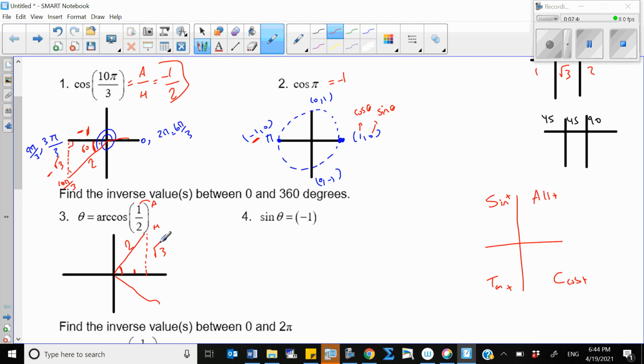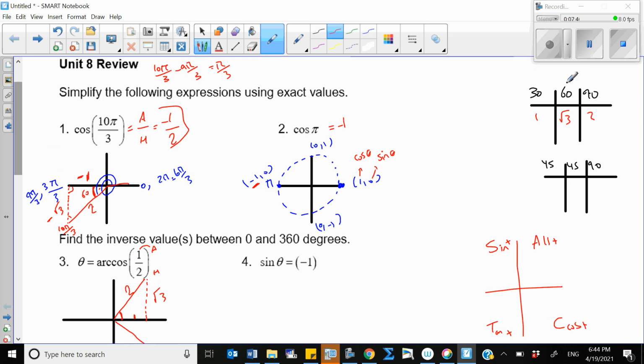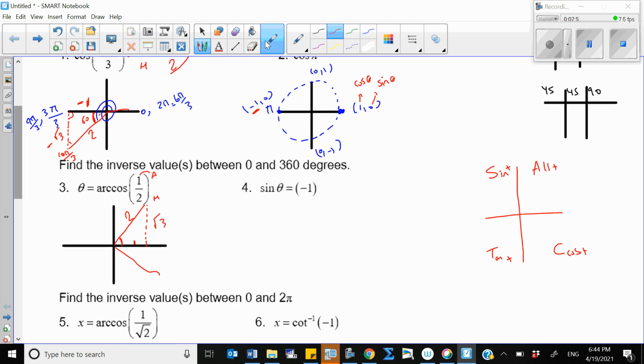The side which is opposite radical 3 is 60, based on this table that we had here. So this angle is 60, and this one is 30, and this one is 90, which we don't really care about. This was the most important one that we were looking for.